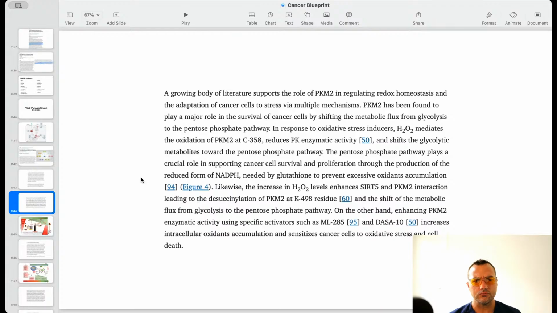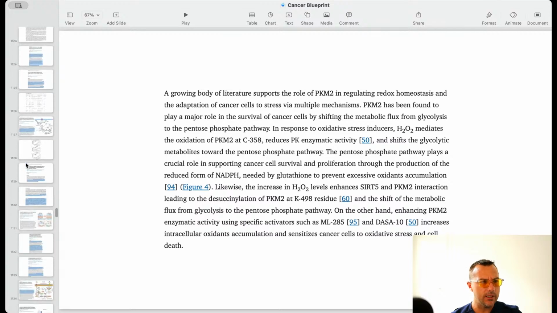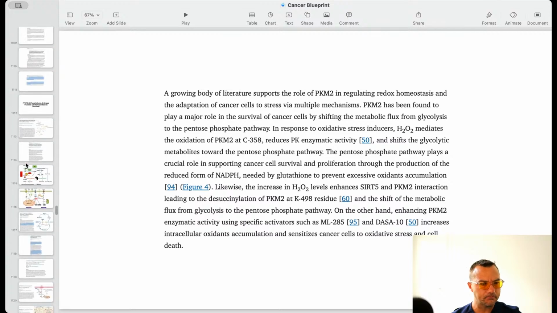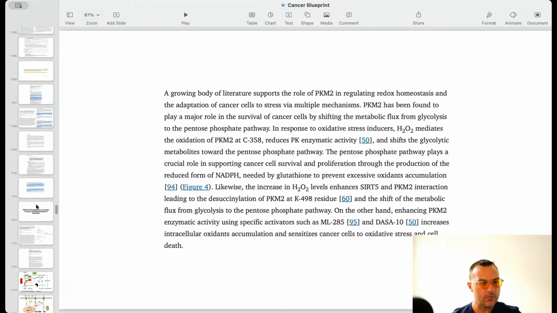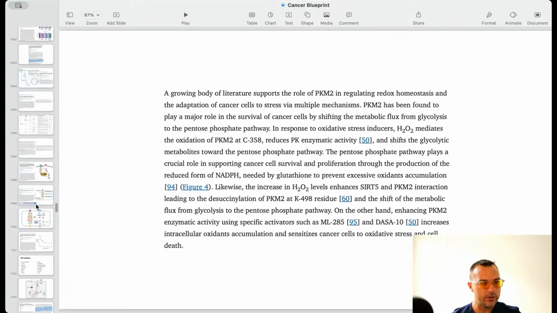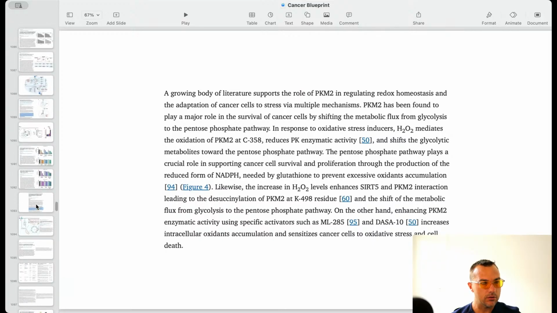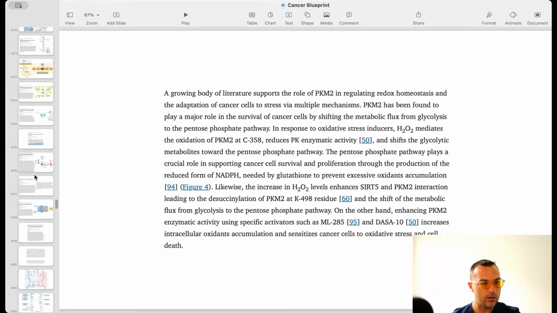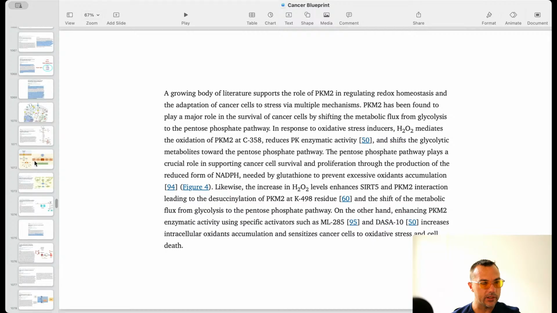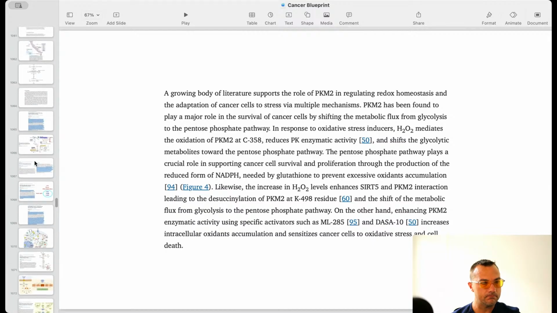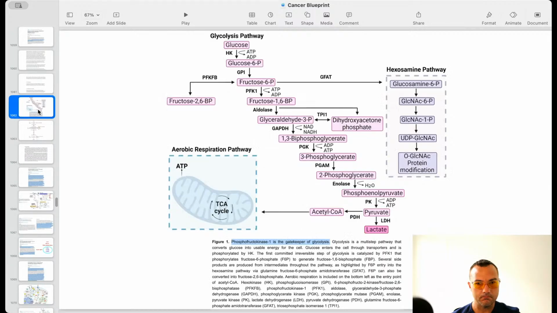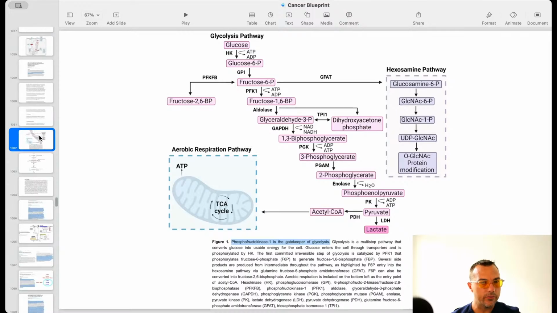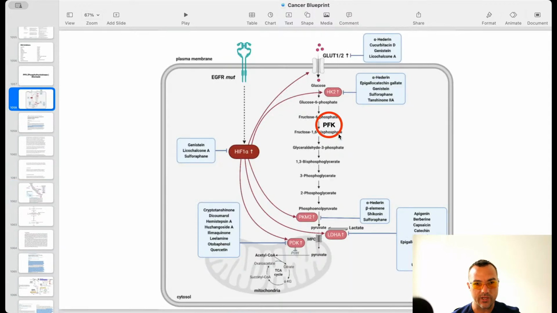So, where did we see this before? Well, we saw this in a couple of different areas, actually. I want to say we saw this back in phosphofructokinase. So phosphofructokinase is this PFK enzyme here.